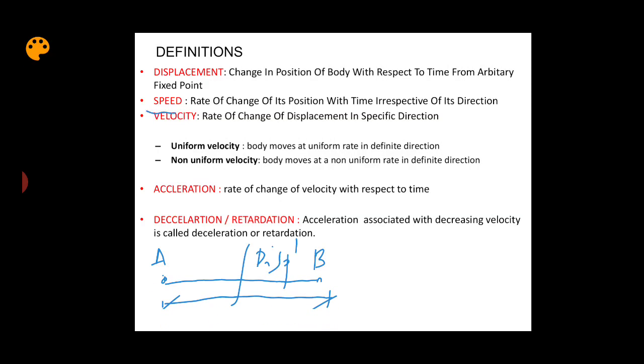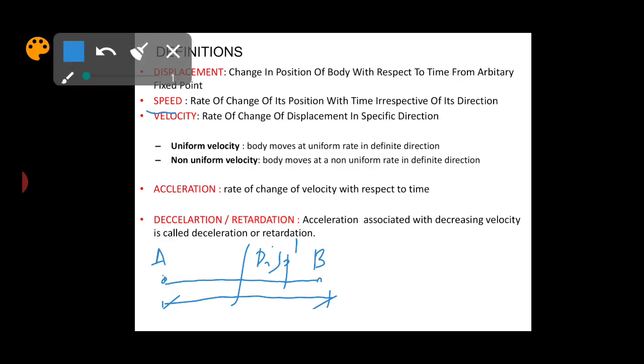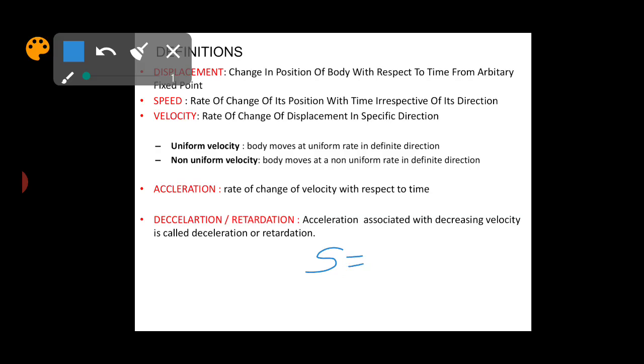Next definition, speed. Speed is the rate of change of position with time irrespective of its direction. So we define speed as speed is equal to distance upon time.